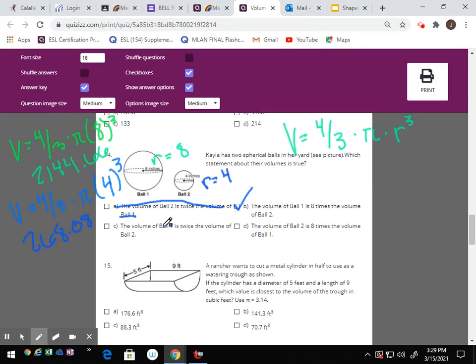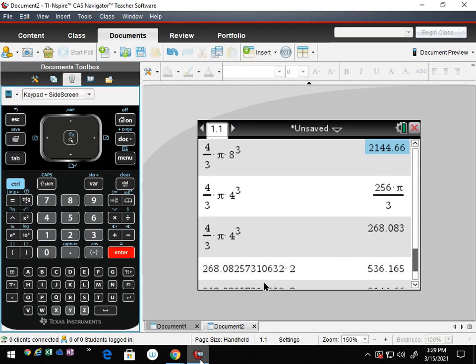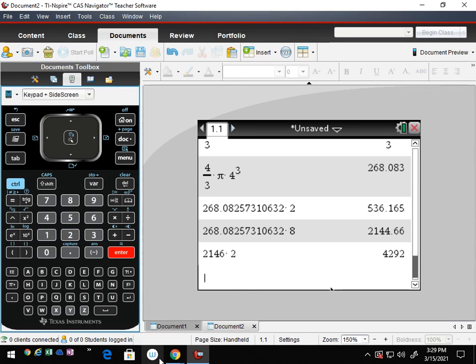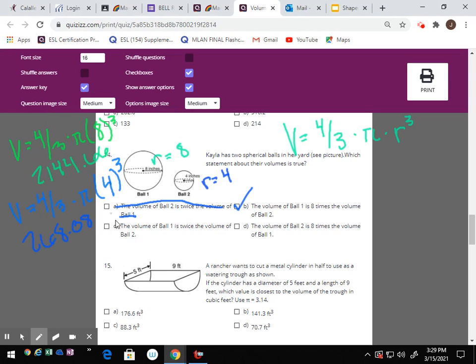Answer choice C, the volume of ball 1 is twice the volume of ball 2. That means we're going to multiply 2,144 by 2, which will not be the answer. It's going to be way too high. So C is not our correct answer. And then D, the volume of ball 2 is 8 times the volume of ball 1.